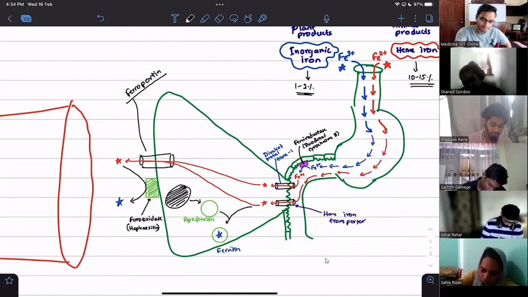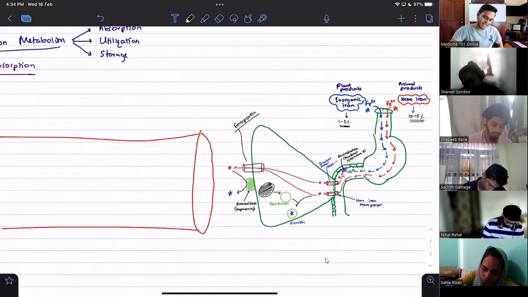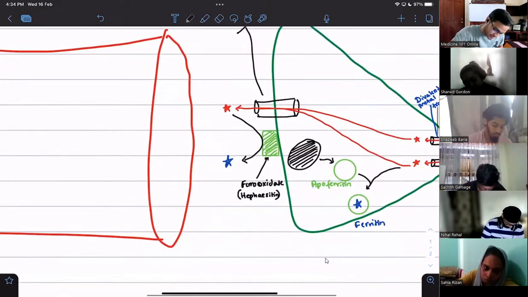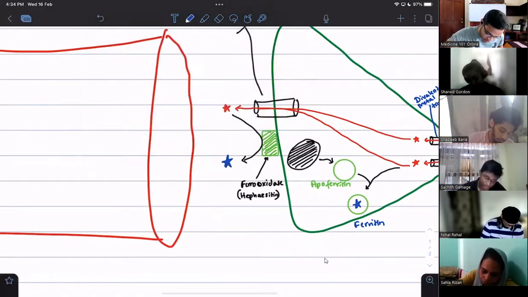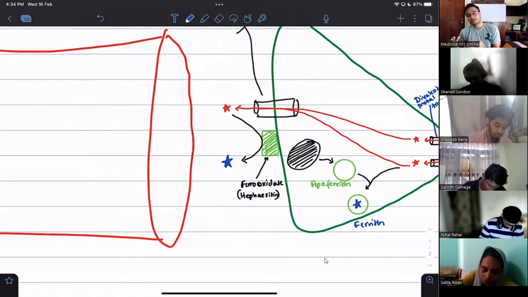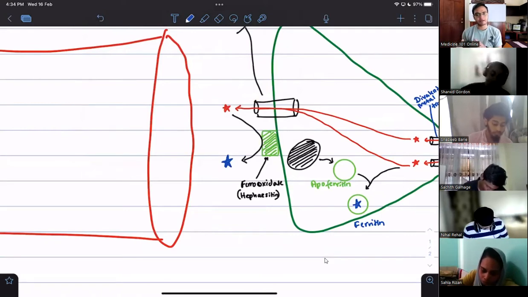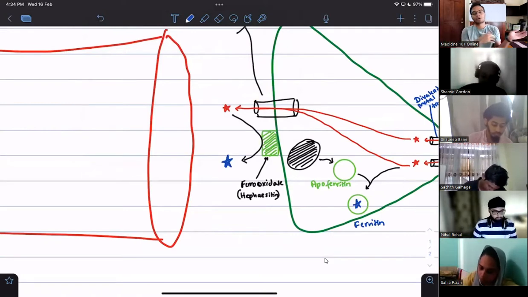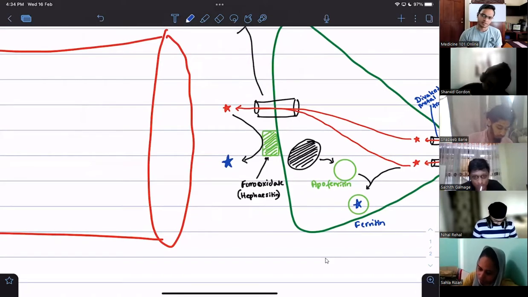We will see why. Look at this, guys. Fe3+. Do you think Fe3+ can be allowed to just travel along the blood with the flow? Why not? Why do you think?